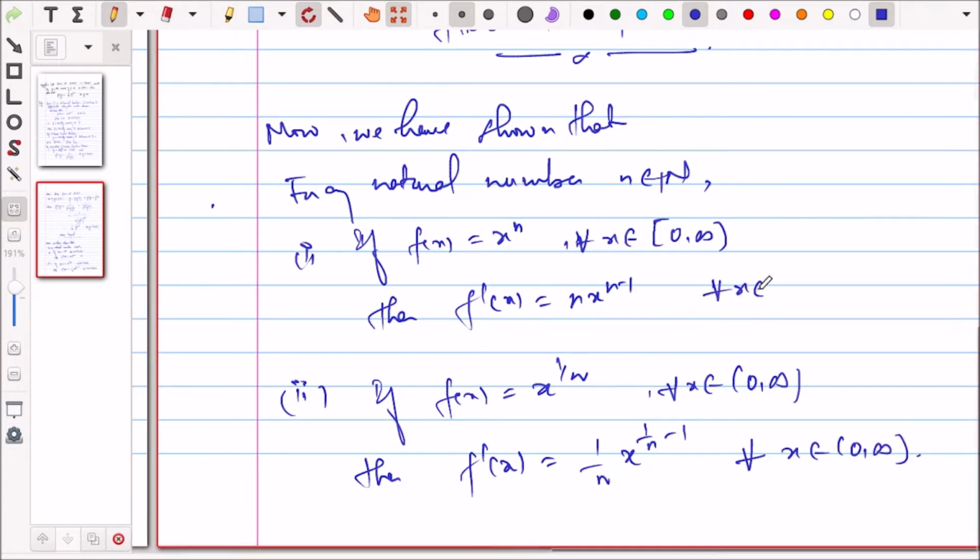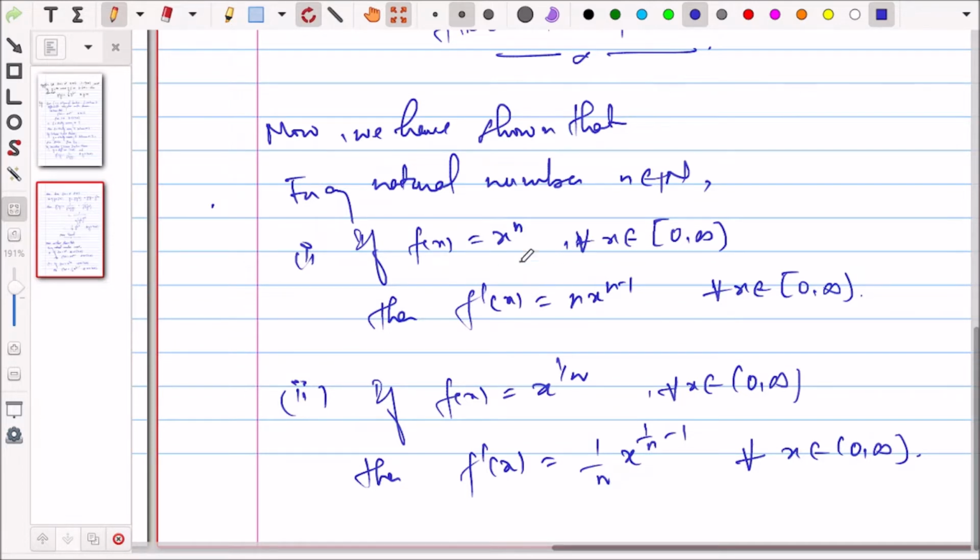So these two results we have shown. Now we will prove it for a positive rational number m by n. So now, combining these two results, we will prove it for a positive rational number. Okay.